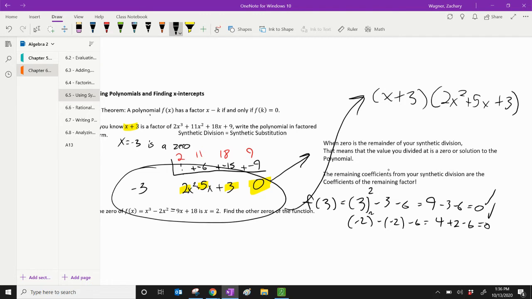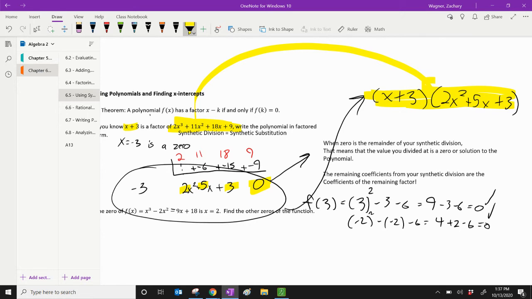Those coefficients that were down here that we used to generate that 0 become the real coefficients of my other factor. Right, up here, if I were to multiply these two together, I would get the original. All I did was factor. I used synthetic division to pull out x plus 3 and show you that 2x squared plus 5x plus 3 is what's left.